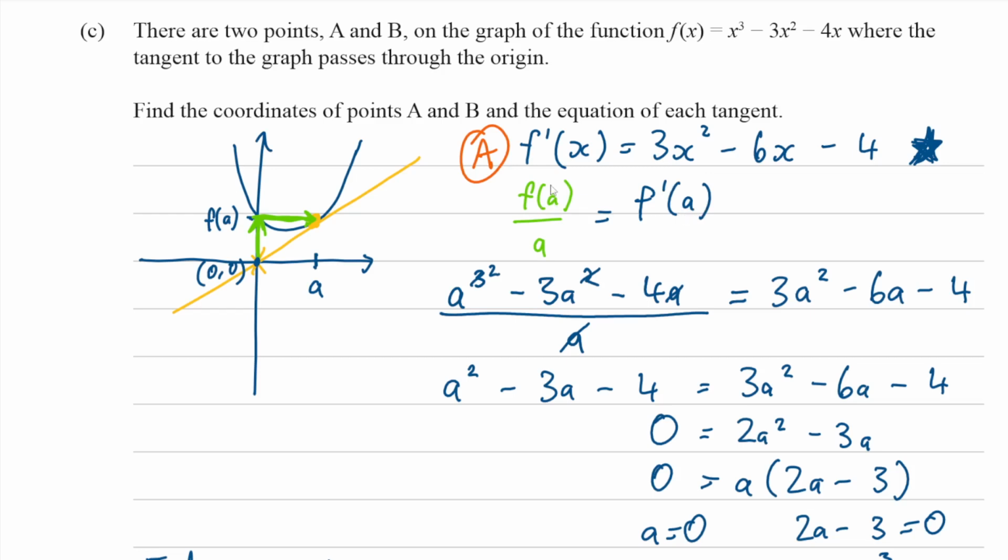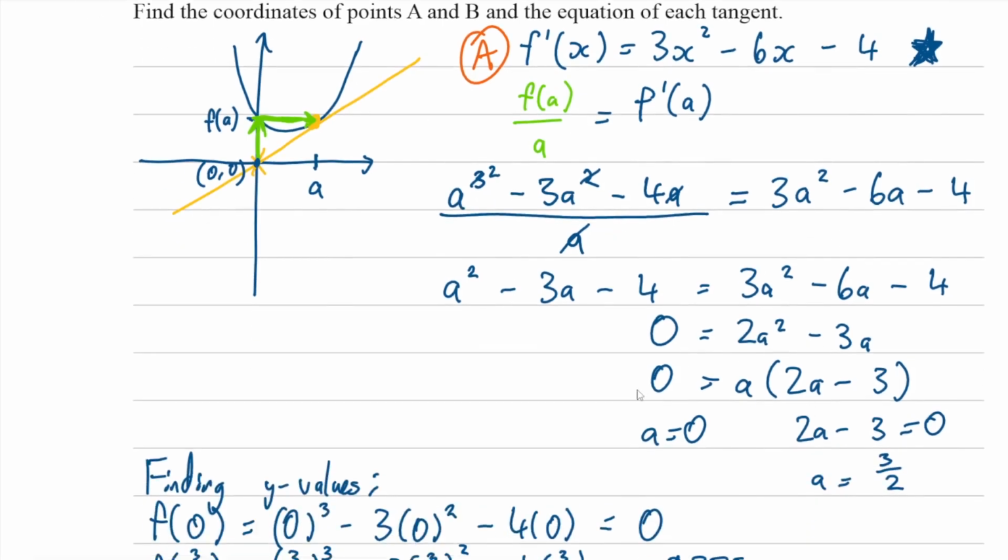Then substituting that into the function and into the gradient function, we got this mammoth equation. Thankfully, some of the a's cancelled and it simplified to a quadratic equation, which is good news because we can solve that.